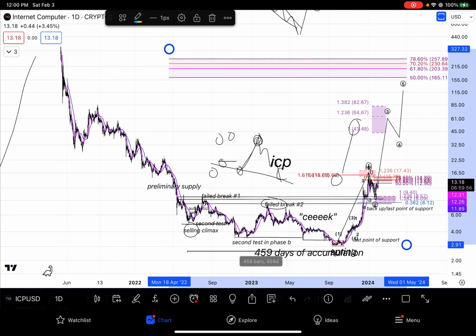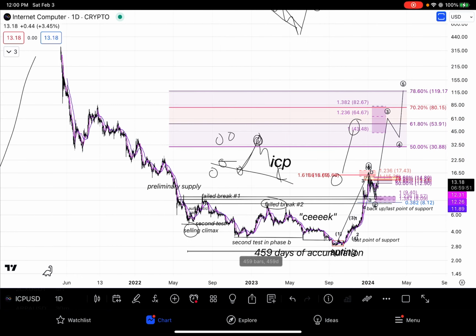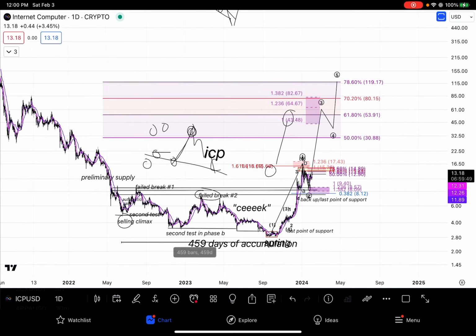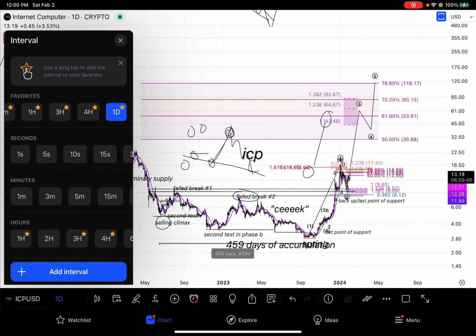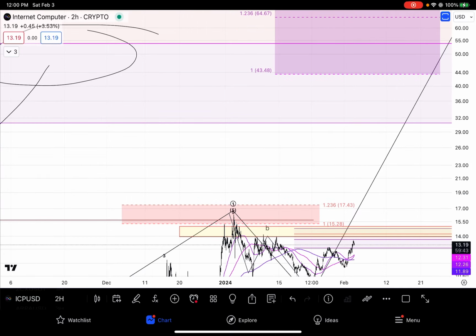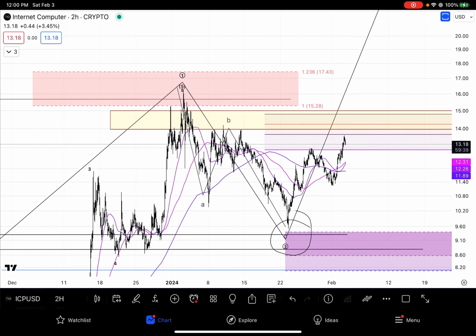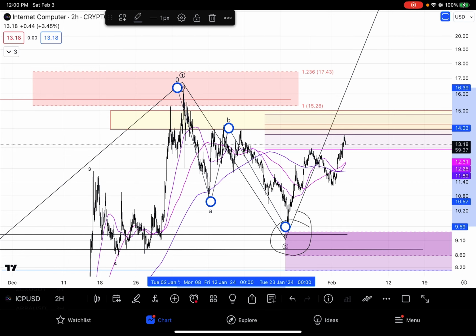That's how you find your macro resistance. And then as the waves play out, we will get more accurate targets, and we will be able to call the top more efficiently.